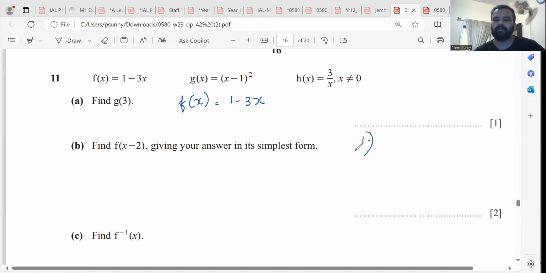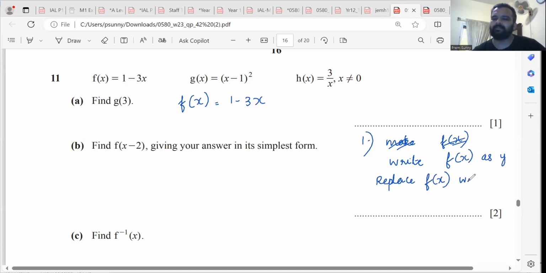Step number 1, write f of x as y, or replace f of x with y.